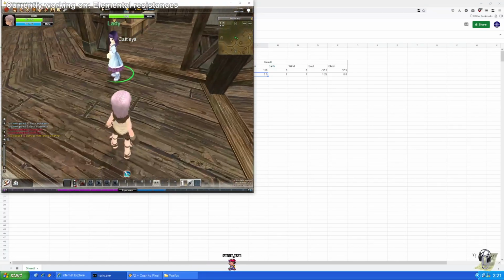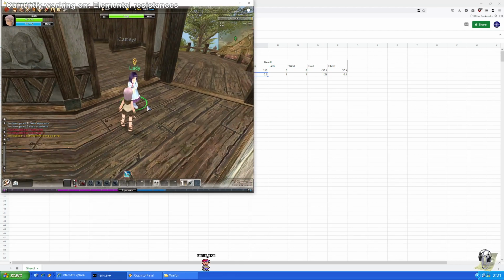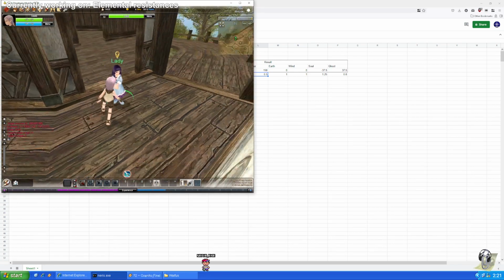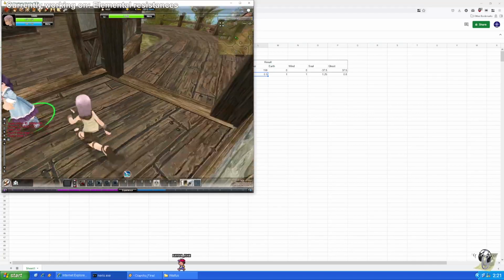What's wrong with you? Why are you standing? Oh my god, looks like I broke something in the NPC pathfinding.